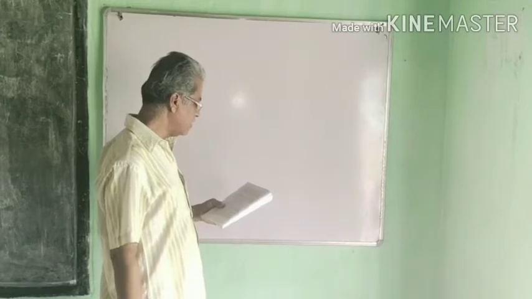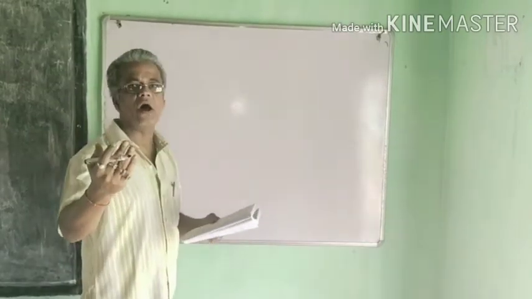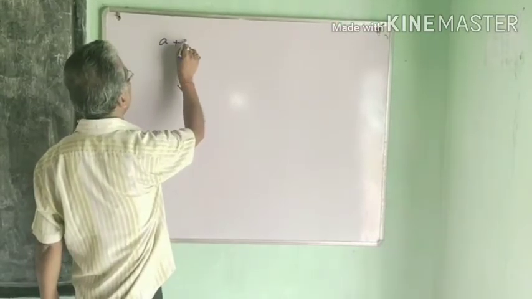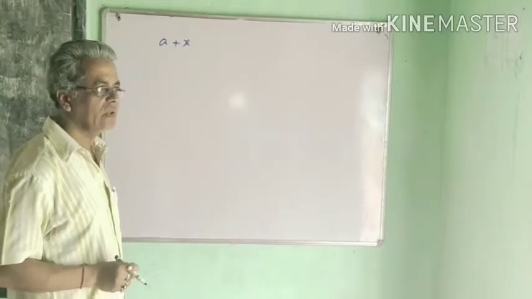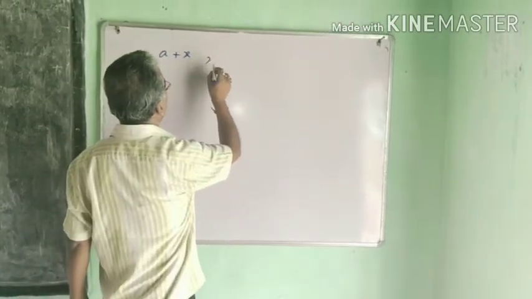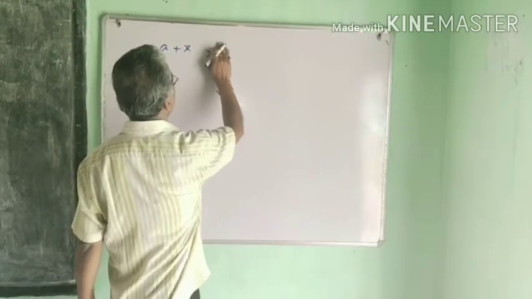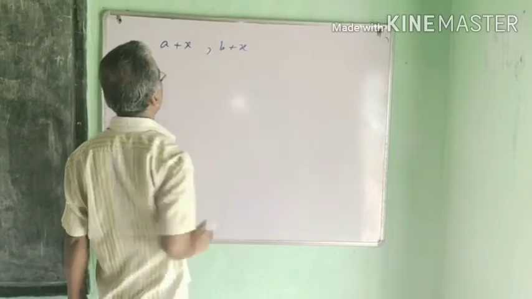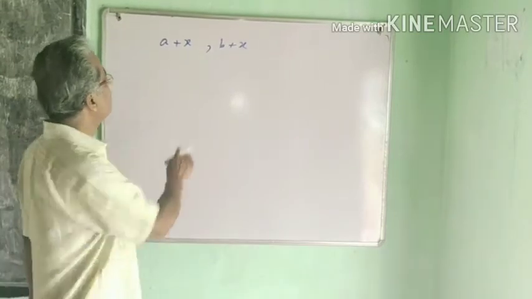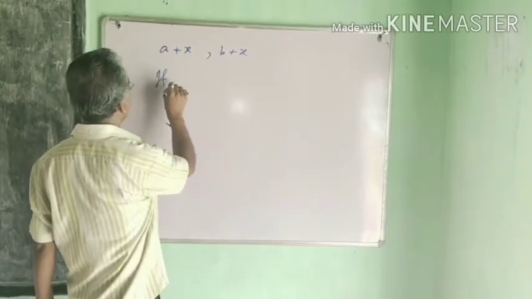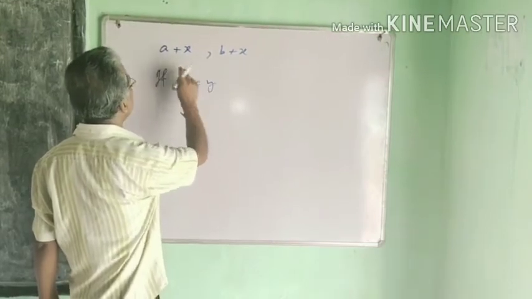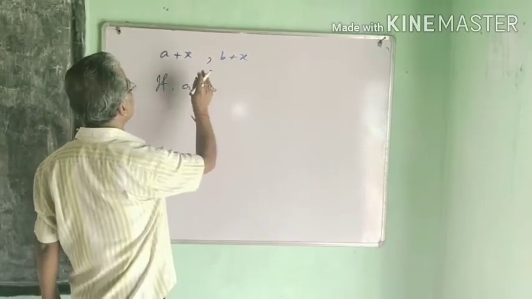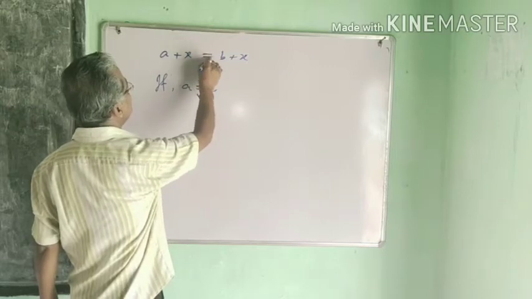Suppose we have a number A and we have added X, and again we have added B plus X. Now, if A is equal to B, then both these will be equal.